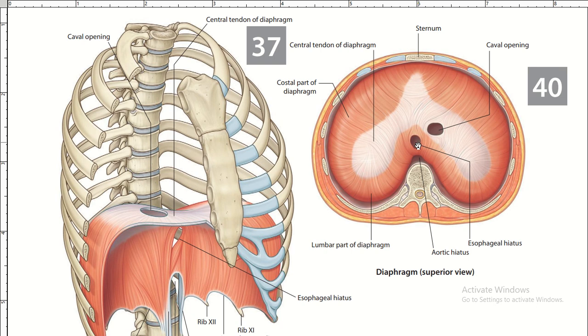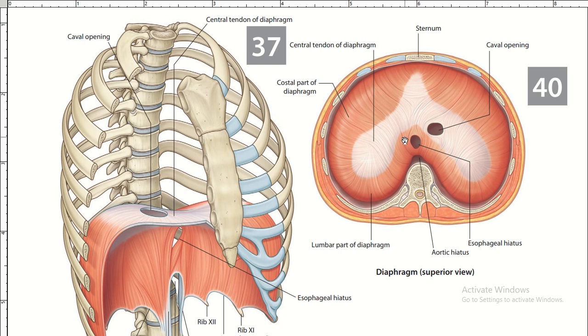These are called gastric nerves, but some texts say these are the right and left vagus nerves. But since they form the plexus around the stomach, they will be called gastric nerves. They will no longer be vagus nerves. We will talk about it in the abdomen.